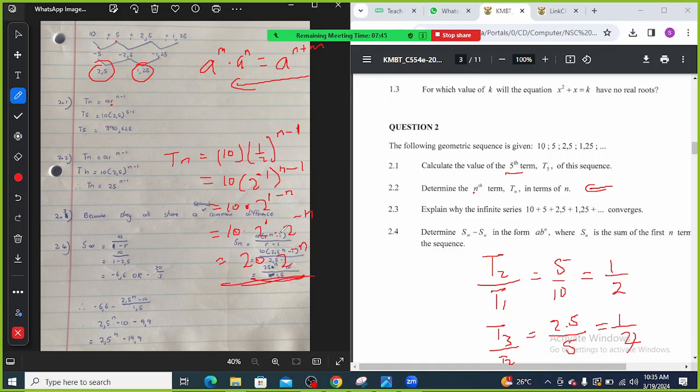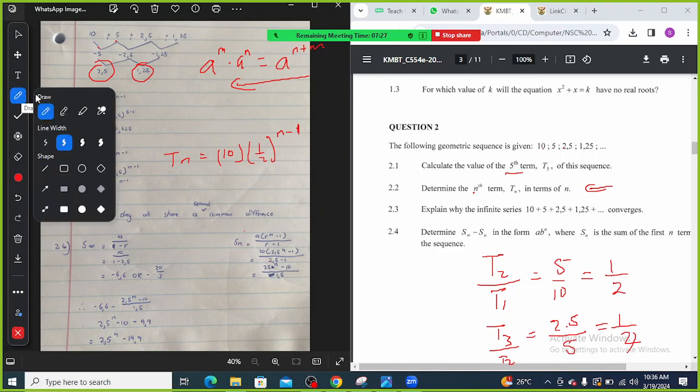But even if you end here, that is fine, because you are about to write an exam and I don't want to complicate your life. What is important is that you're able to identify A, you're able to calculate R, and then you plug it in.